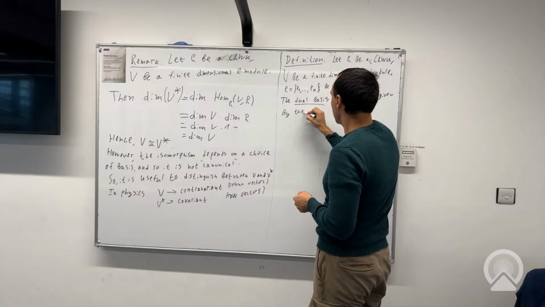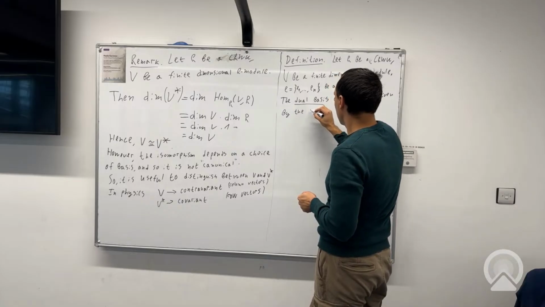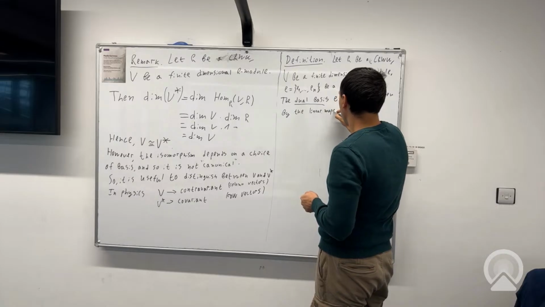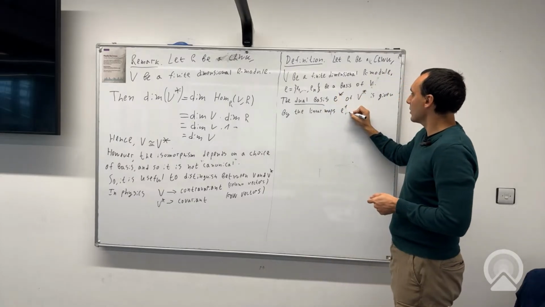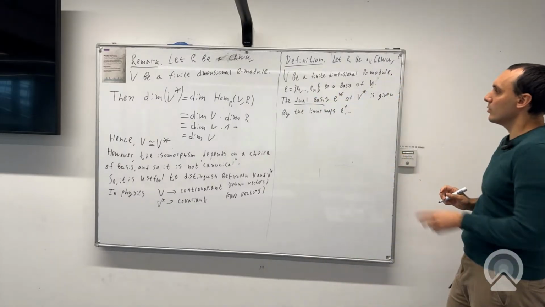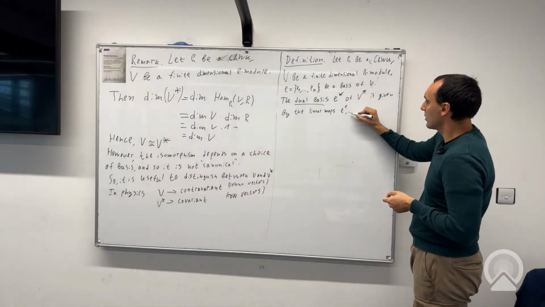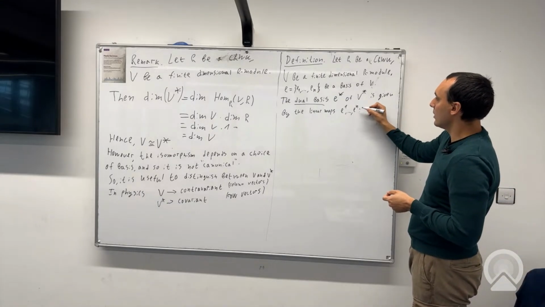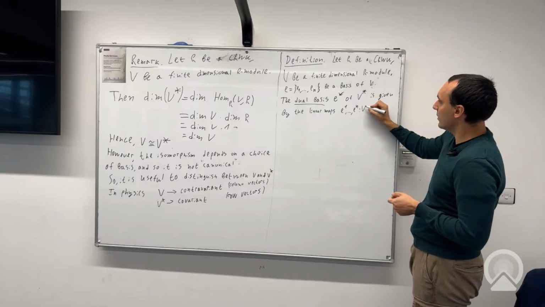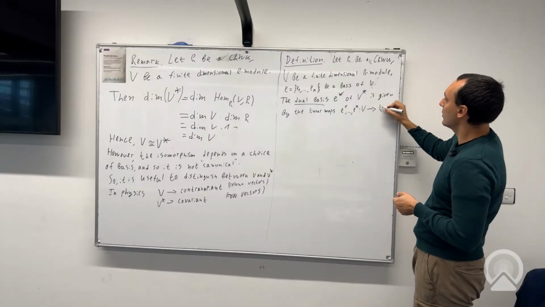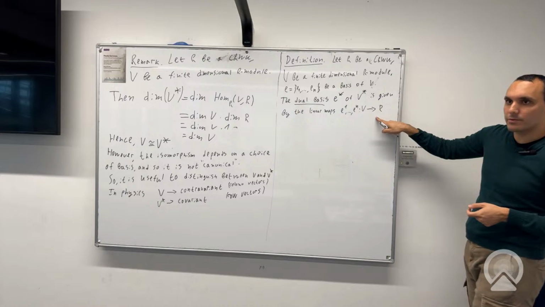the linear maps e^1 to e^n, where we use upper indices, superscripts. They are linear maps from V to R because these are the elements of V star.